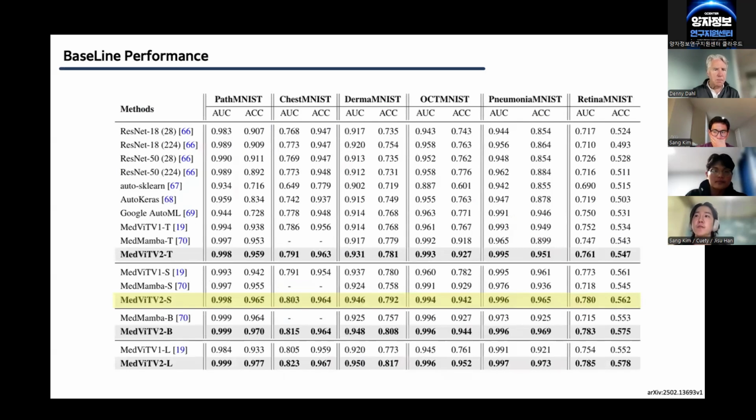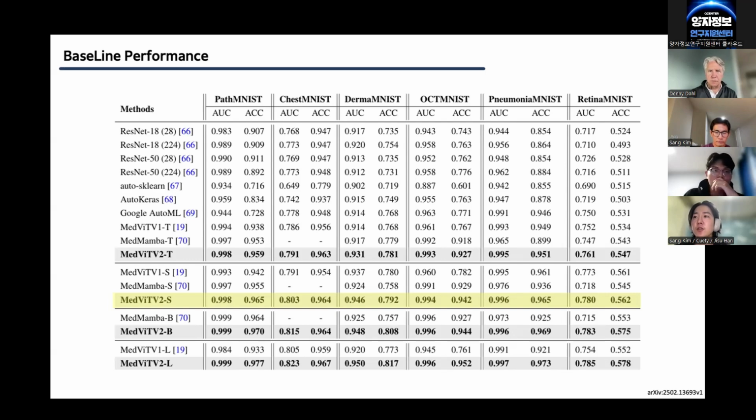The MedViT baseline provides multiple model variants: T for tiny, S for small, B for base, and L for large. Each version differs in terms of parameter count, computational cost, and representation power. For our project, we selected the MedViT Small version, as it offered a good balance between efficiency and performance.